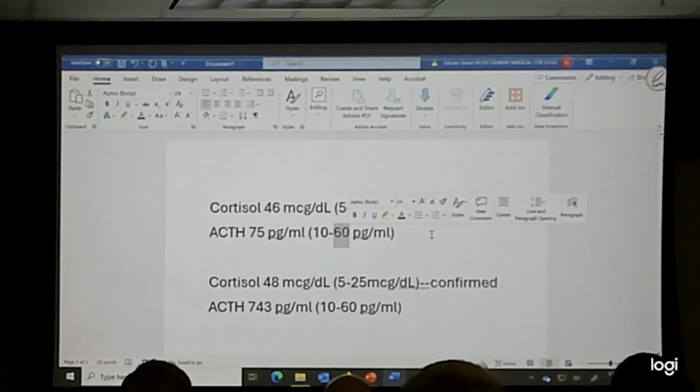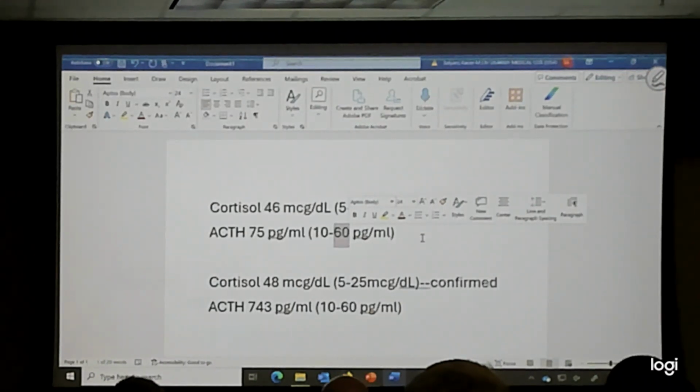In a normal person that ACTH should be suppressed, like 5 or non-existent, gone. Normal or up to 2 to 4 times the upper limit of normal, which means up to 4 times 60, I can't do math anymore, 240, something like that.